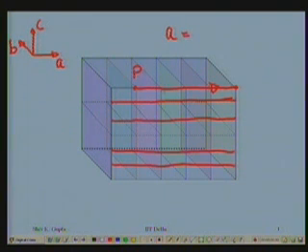I have traveled 1, 2, 3, 4, and this is positive A, right? And let's travel this way. How much have I traveled now? 1, 2, 3, 4, 5 and 6. So I have traveled on C minus 6.